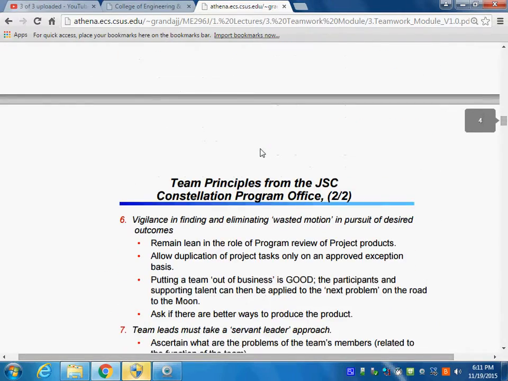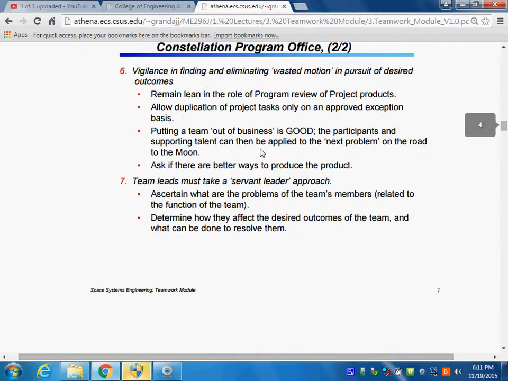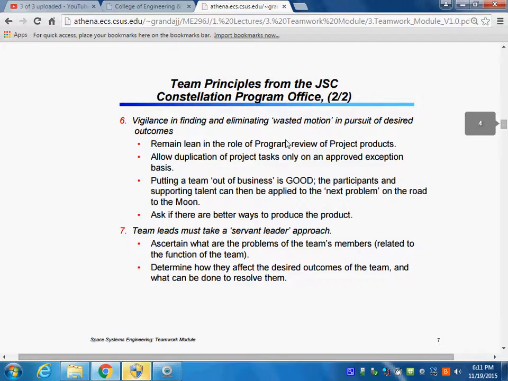That's a very good way. Be vigilant in finding and eliminating things that are not very important, or the outcome may not be the best. So be flexible in making simplifications and savings.